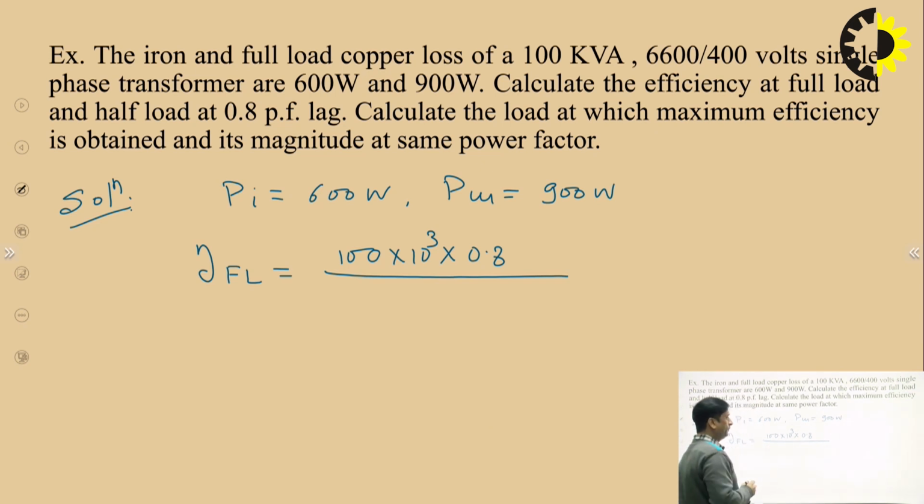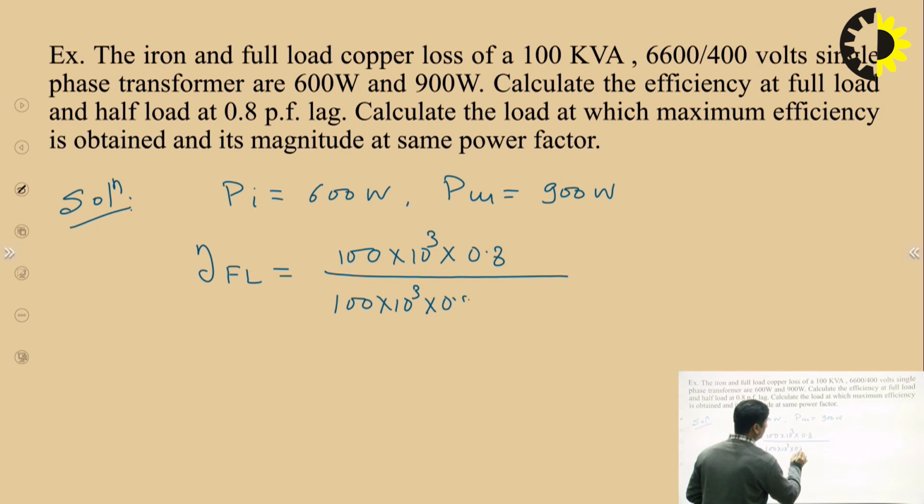So if we apply the formula, V2 I2 cos phi upon V2 I2 cos phi plus losses, the output is 100 kVA into power factor 0.8, plus iron losses Pi, which is given as 600, and P copper, which is given as 900, because we are taking the full load.